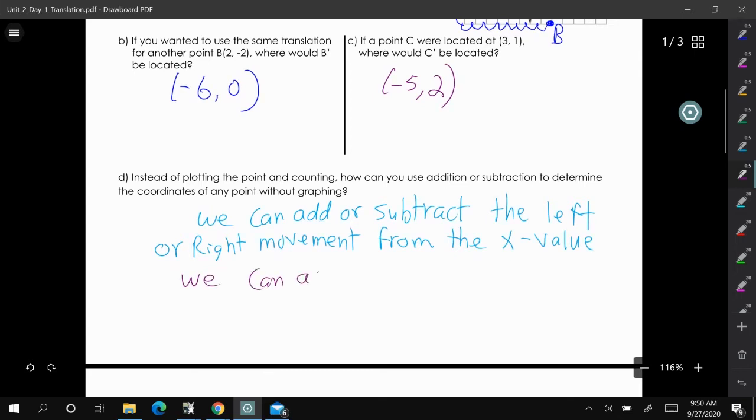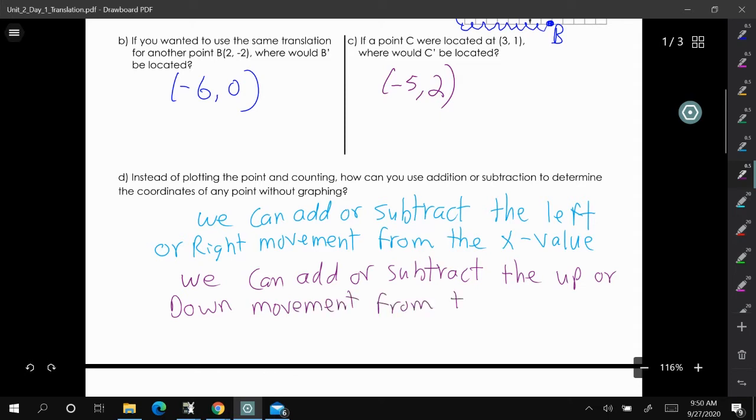We can add or subtract the up or down movement from the y value.